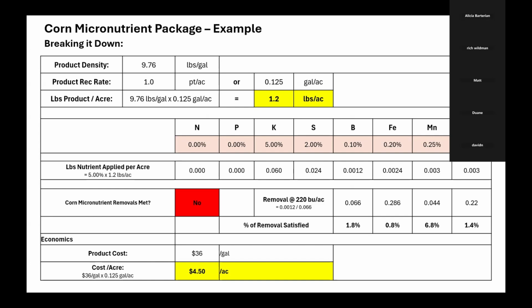For boron, it's 0.066, and you see there we're getting 1.8% of the removal being satisfied. Going across there for iron, which really is not that important in our soils, you get 0.8, manganese 6.8, and zinc 1.4%.